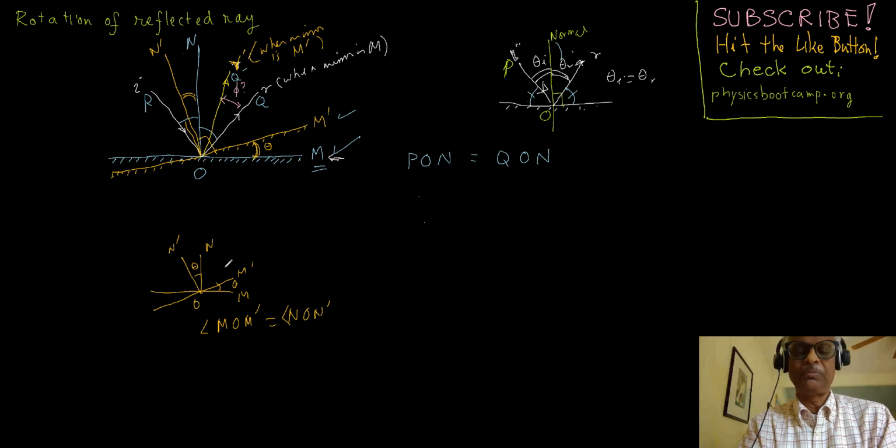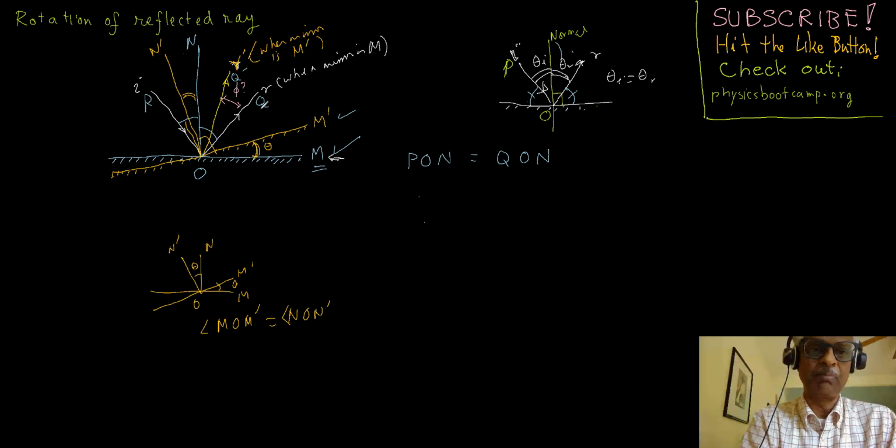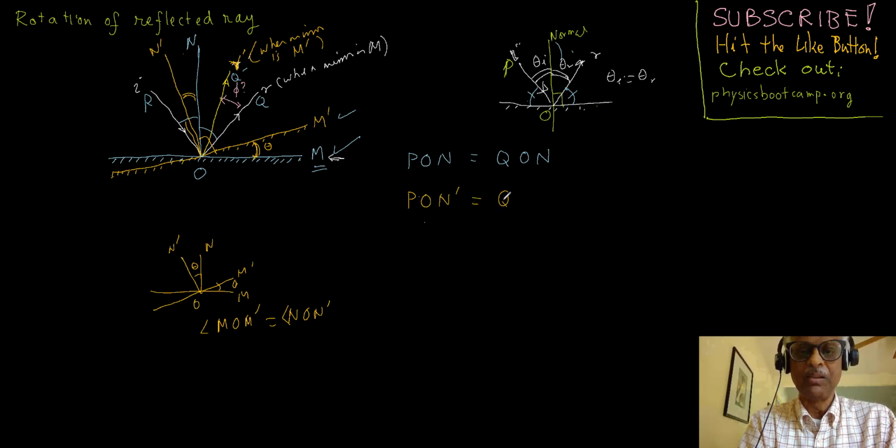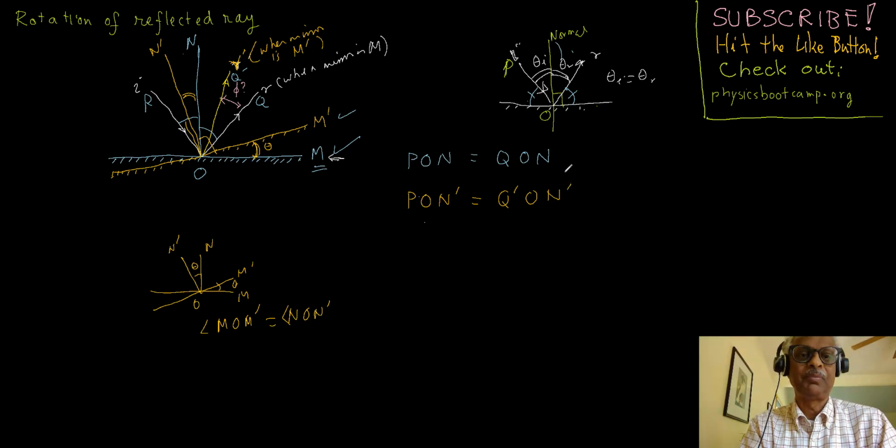Now that we have this out of the way, let's try to write the law for the rotated part. The rotated part will be: angle PON prime equals angle Q prime ON prime.